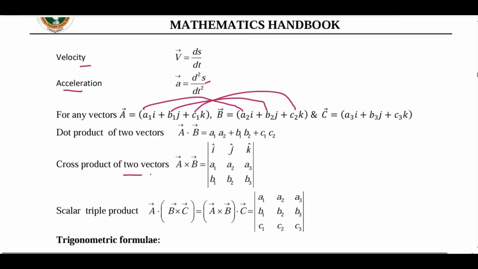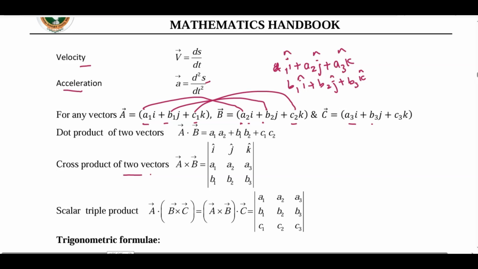Then the cross product of two vectors can be written as a determinant with i, j, k, then a1 a2 a3, then b1 b2 b3. You'll take a vector as a1 i plus a2 j plus a3 k cap, and b vector as b1 i plus b2 j plus b3 k. So you take a1 a2 a3 and b1 b2 b3 for the cross product of the two vectors.